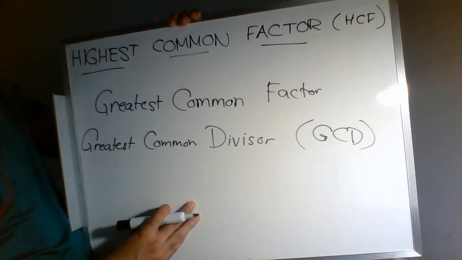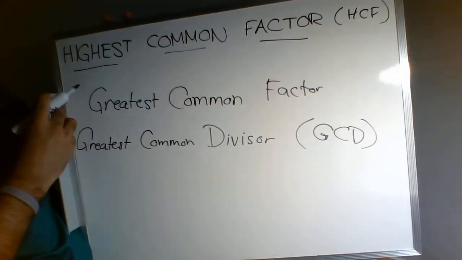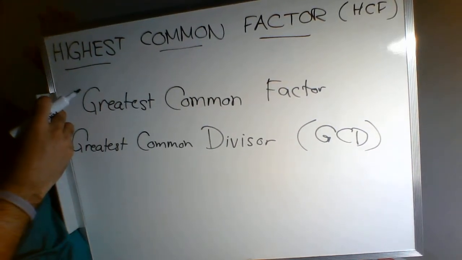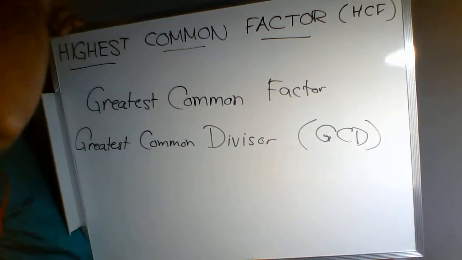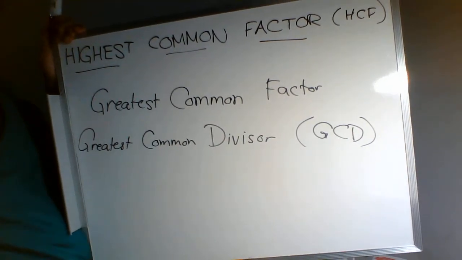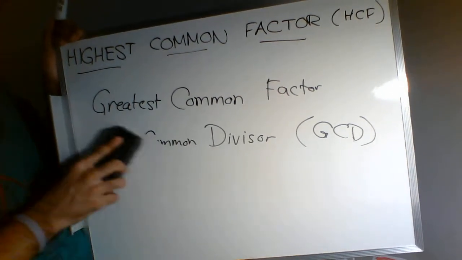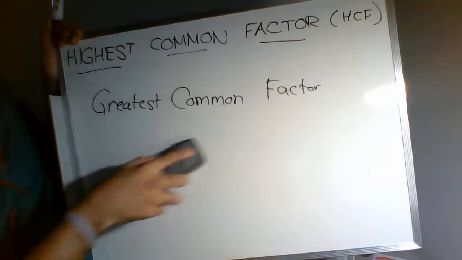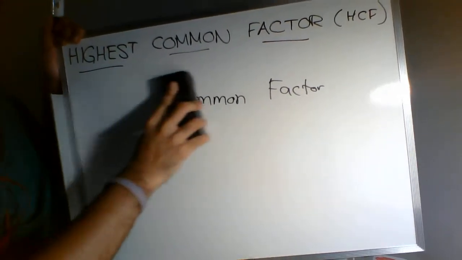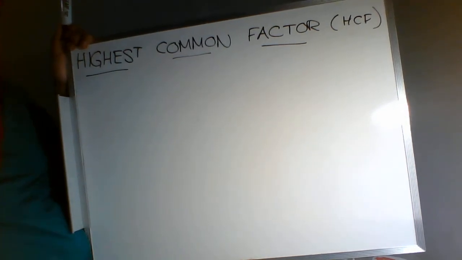I generally don't refer to it as GCF. If I'm using the F for factor, I'm going to call it HCF for highest common factor, but you might hear GCD slip out now and again from one of the alternative names. But yeah, so we'll start by talking about what a factor is, and then we'll extend that idea to common factors, and then highest common factors, and how to find them.